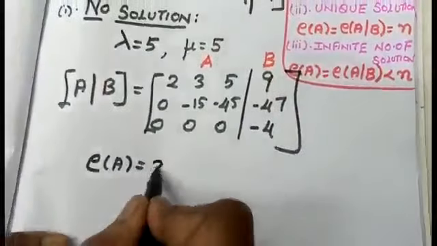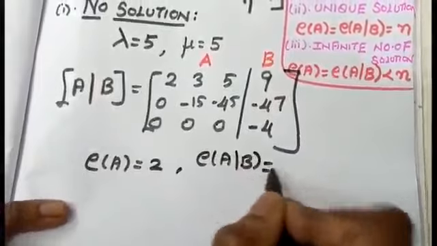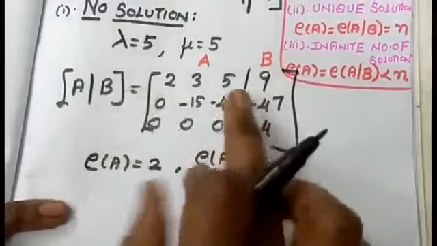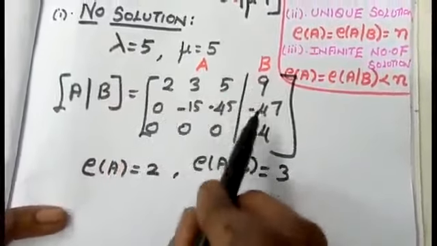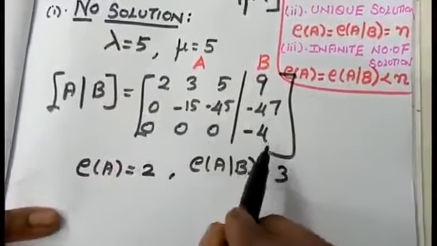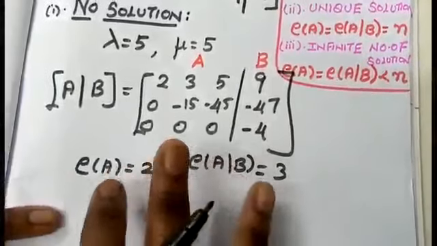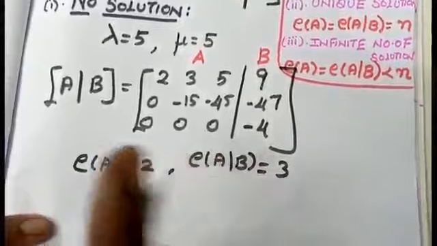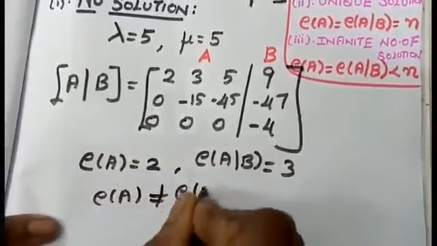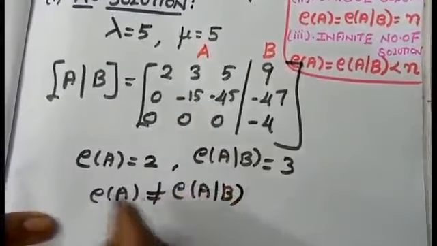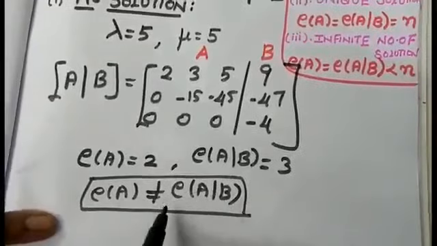Rank of A is 2 and rank of AB equal to 3, because I have a number in the first row, the second row, and the third row too. Both the ranks are different, so rank of A is not equal to rank of AB. Since this is the concept, I can say that it has no solution.